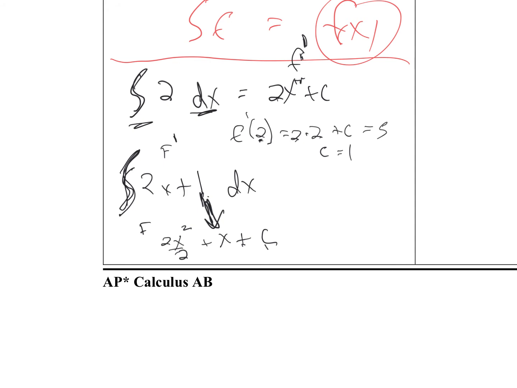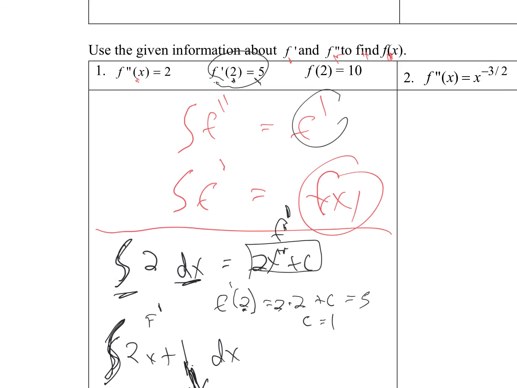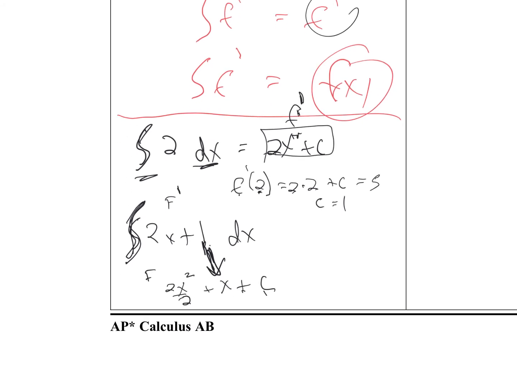But why does c equal 1? Up here, because we had 2x plus c, right? He told me at the top that the first derivative at 2 is 5. So I took the first derivative, which gives me 2 times 2, plus that constant, has to be 5. I just solved it for c.